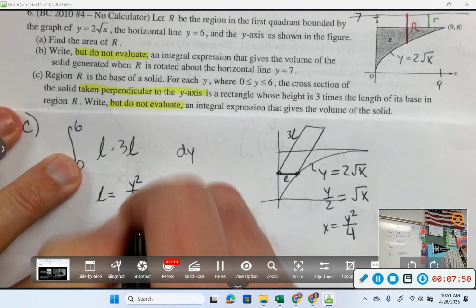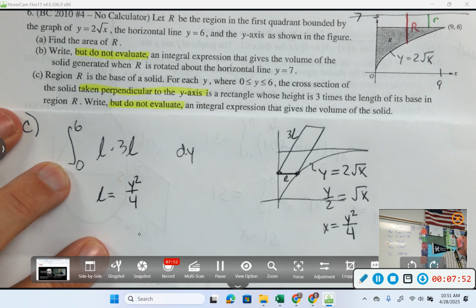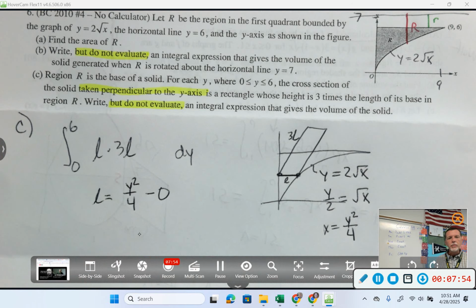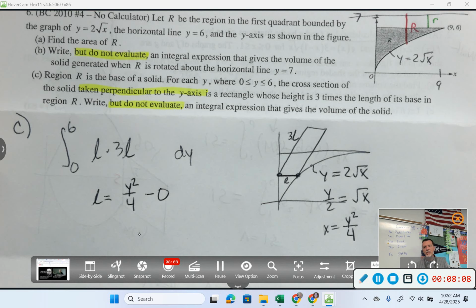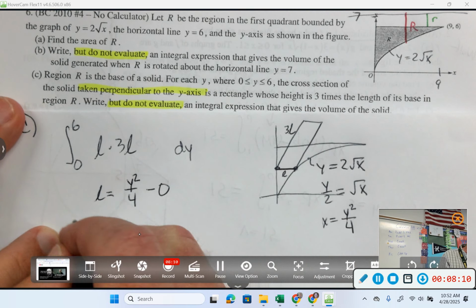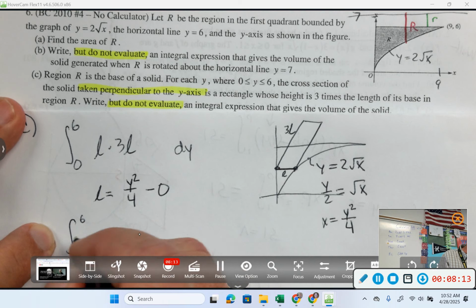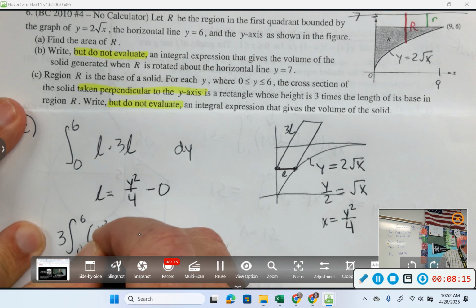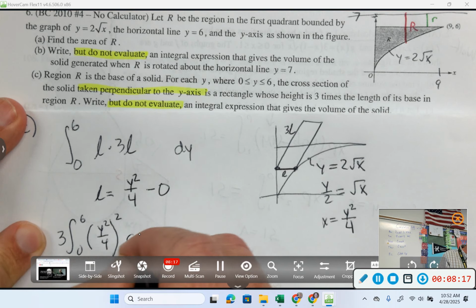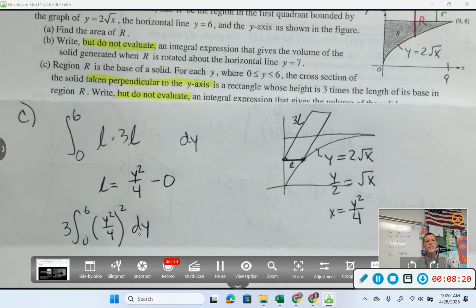So y squared over 4 is L. And if you really wanted to be clear, you could put minus 0, just to convince yourself that you're doing right minus left. I think that is now a safe stop because you've explained what L is. Now, it might be better to go ahead and put that in there, but not necessary.